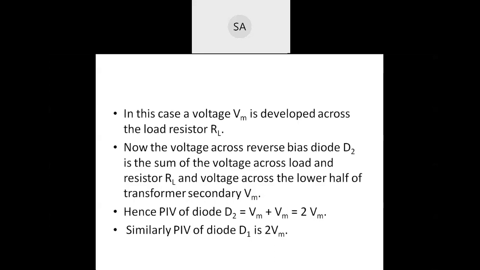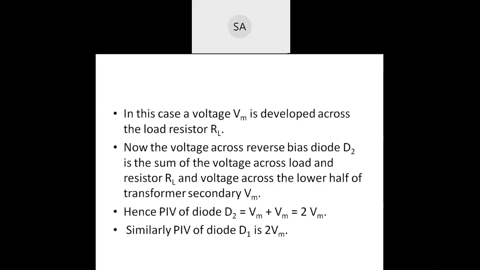Now the voltage across the reverse biased diode D2 is the sum of the voltage across the load resistor RL and the voltage across the lower half of the secondary of the transformer, Vm. Hence, the peak inverse voltage of diode D2 is Vm plus Vm, that is 2Vm. Similarly, the peak inverse voltage of diode D1 is 2Vm.